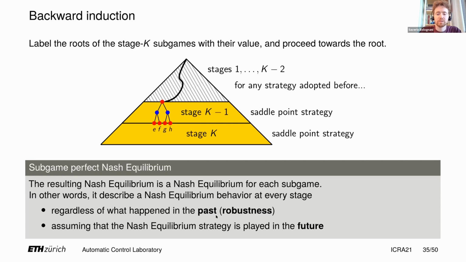Okay. This is where the robustness of subgame perfect Nash equilibria comes from: the fact that I know everywhere in this game what's the Nash equilibrium, or the best thing, let's say, for players to do, regardless of what happened before, even if I end up in a place where I shouldn't be.